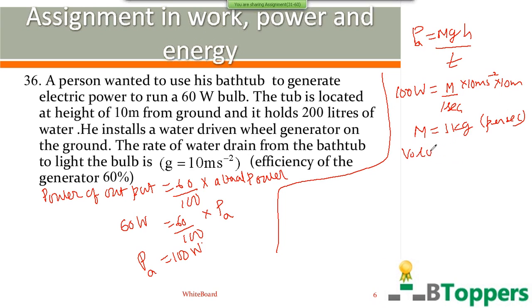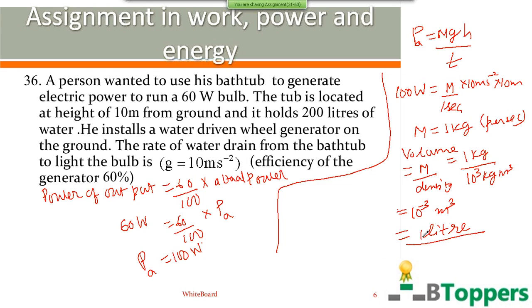So the volume of the water that falls is equal to the mass of the water divided by density. The mass of the water that should be made to fall per second is 1 kg. The density of water is 10 cube kg per cubic meter. So that is 10 power minus 3 cubic meter, or 1 liter.